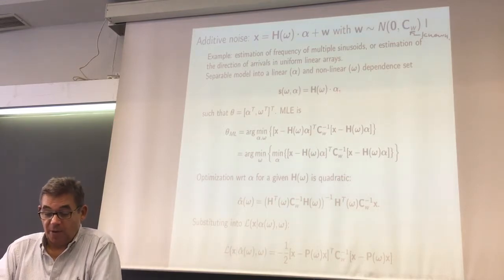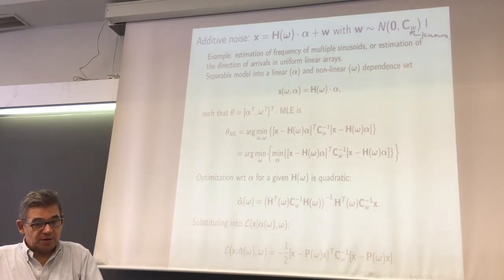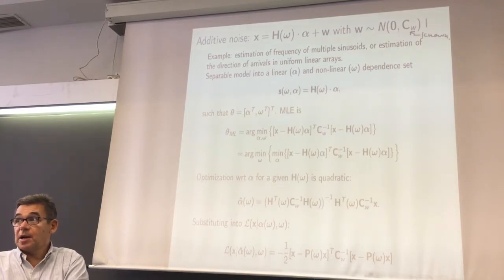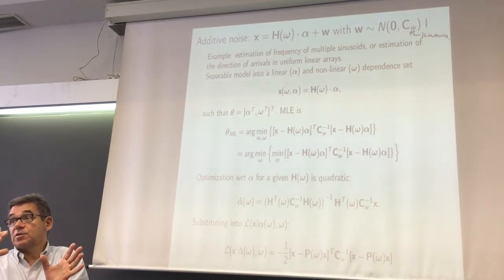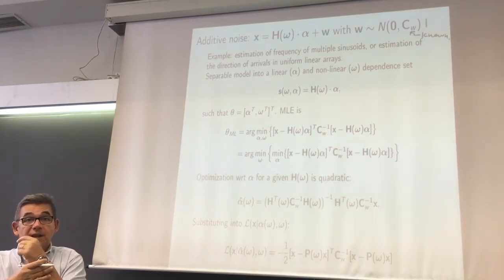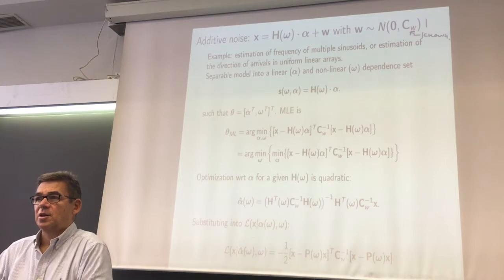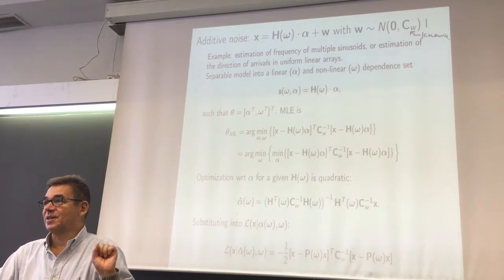But this model is not only for a set of sinusoids in noise. It is also used when I need to estimate parameters from an array of sensors, and my goal is to estimate the directions of arrival. It's like the Wii, where you play tennis with a TV.